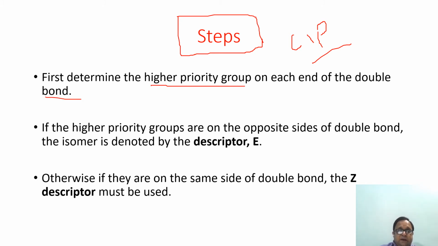After assigning the priority, we have to see whether the higher priority groups are on the same side or on the opposite side of the double bond. If they are on the opposite side, we describe it with the letter E. If they are on the same side, we describe it with the letter Z.